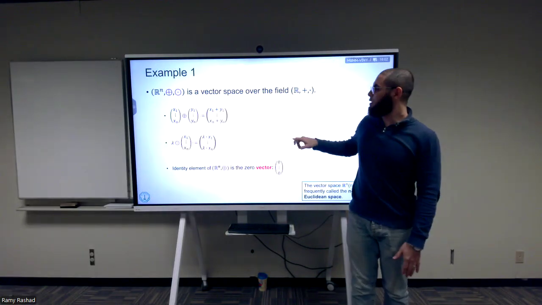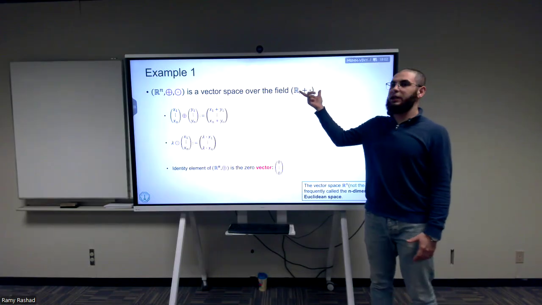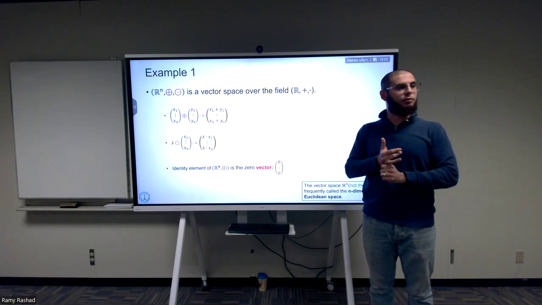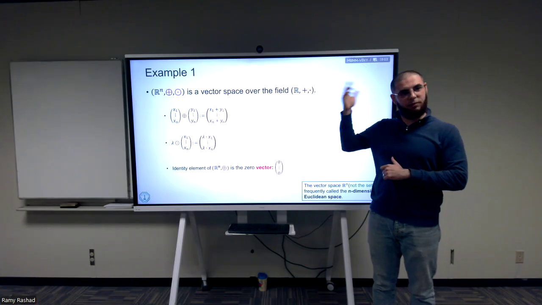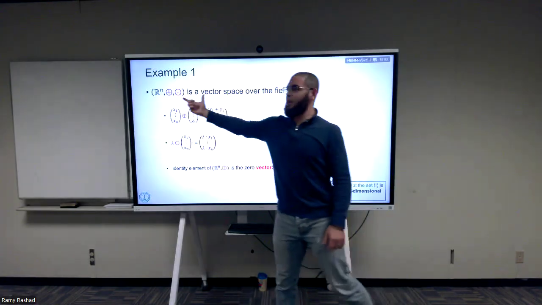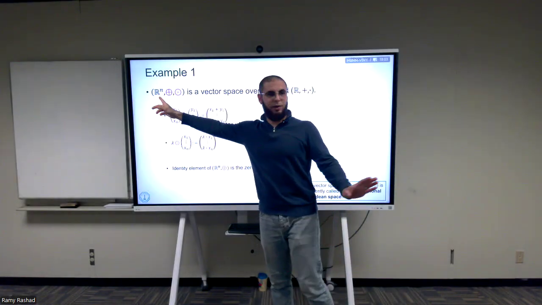Examples. The first one, I'm going to define over the field R, with plus and multiplication, the plus you all know from so long, and the multiplication you all know from even longer. And I'm going to define new operations for the set Rn. You all know what the set Rn is?